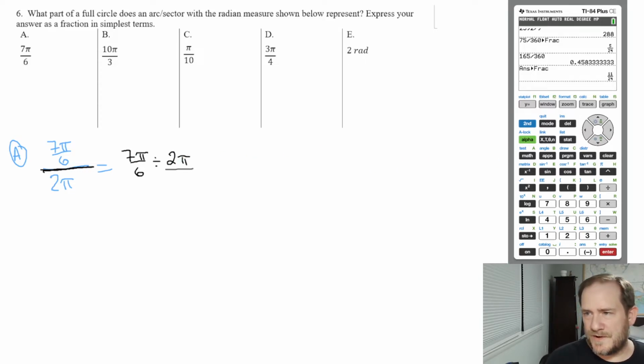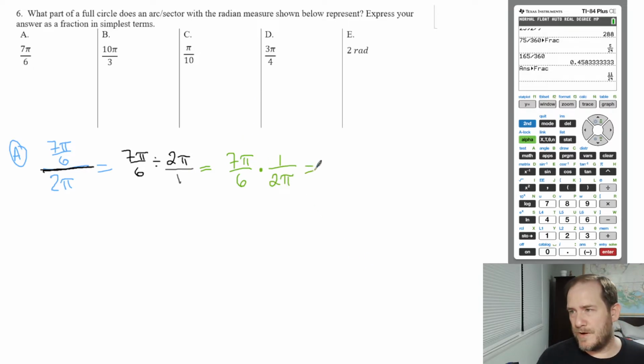Now I put the 2 pi over 1, and I would remember back to the olden days that the rule says leave the 7 pi over 6 alone, and then instead of dividing by this fraction, multiply by the reciprocal of that fraction. Suddenly you've got a very doable problem. This would be 7 pi times 1 divided by 6 times 2 pi.